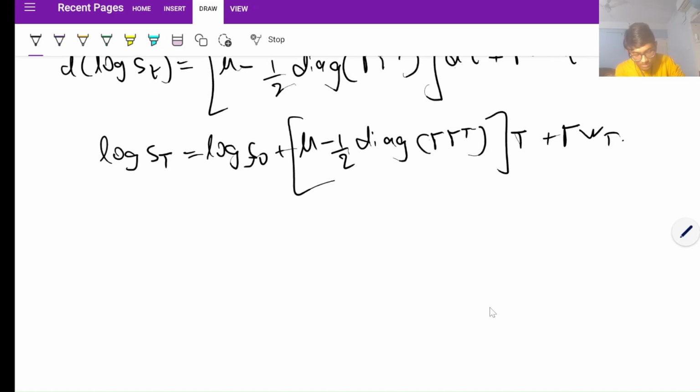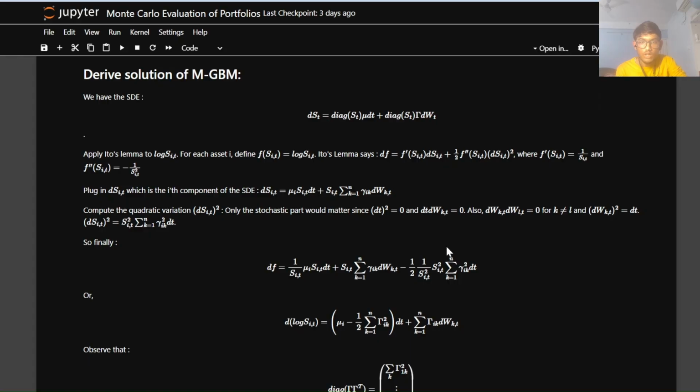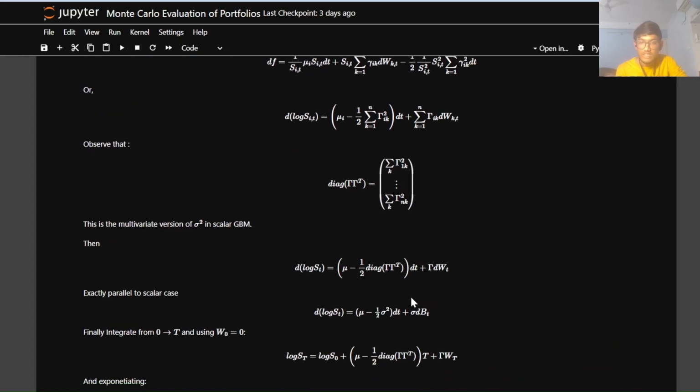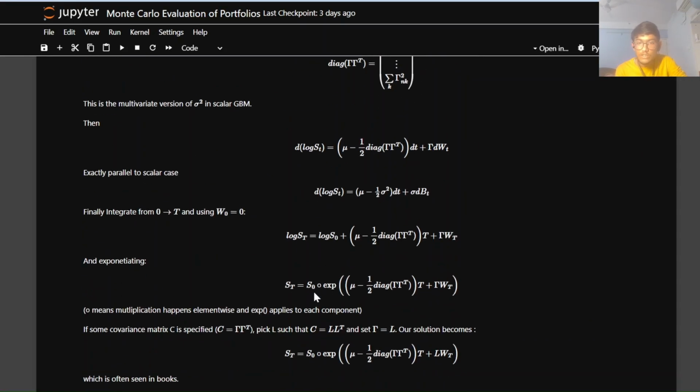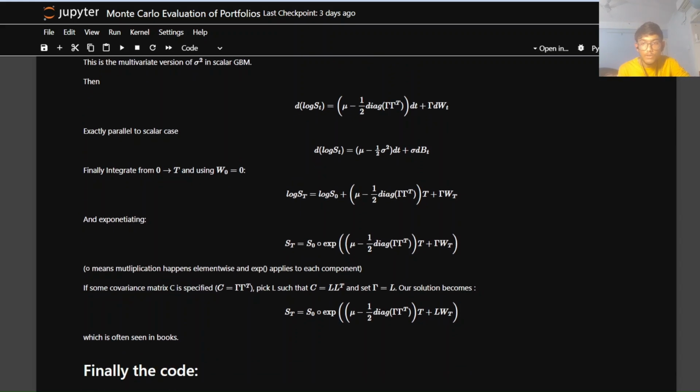And so one could just simply exponentiate this to get S_t equals S_0 times e to the power mu minus half diagonal of this matrix, right, times t plus gamma W_t. And so we get what our expression for S_t would be. It would be S_t equals S_0 times e to the power mu minus half diagonal gamma gamma transpose times t plus gamma W_t.